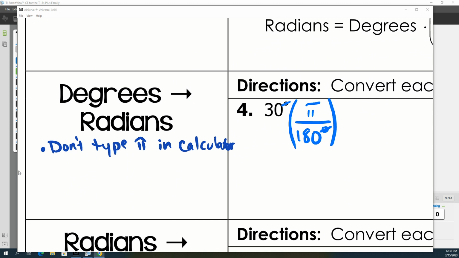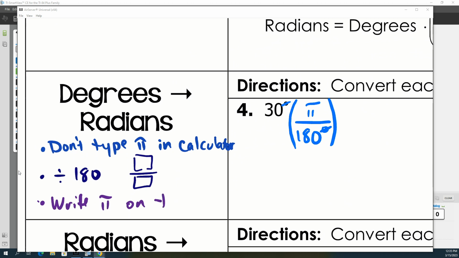So when you want to go from degrees to radians, what you basically do is divide by 180. Or you can do like the little fraction thing and do division that way. And then after you get your answer, you're going to write pi on the top.